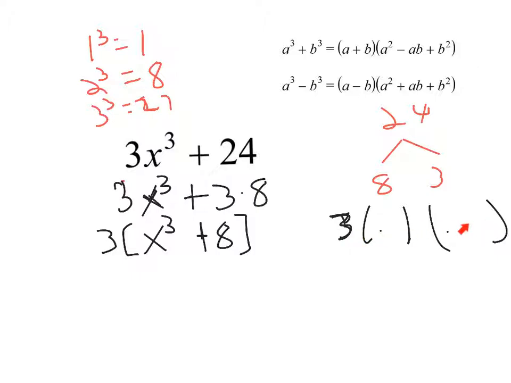So now we continue. There's going to be a 3, which is the common factor, and then there will be my a plus b.